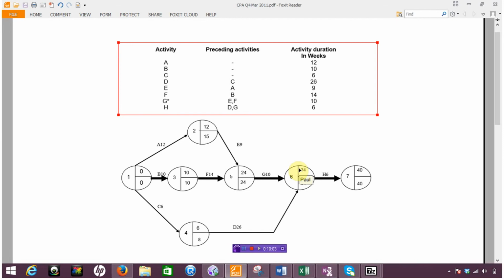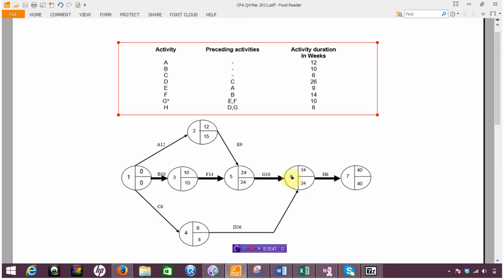Now coming back to the point that I made about C, what we remember is that in relation to D and C, D was dependent upon C. We'll also see that this final activity is really dependent upon D and G. So this one here, we have the highest entry of 34, and what we're looking to do from there is to ensure that we've got this number right when we go back, and certainly we have if we take 26 off 34.